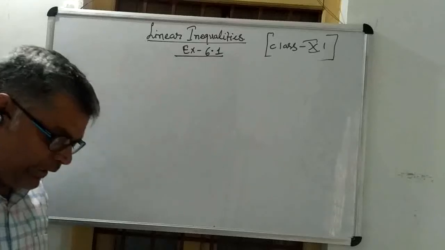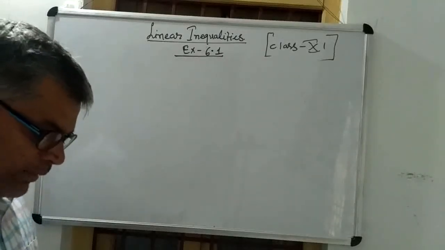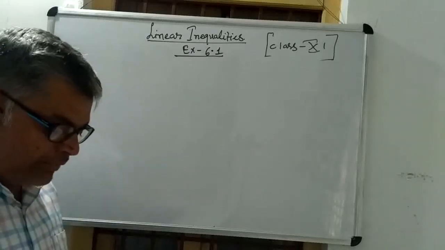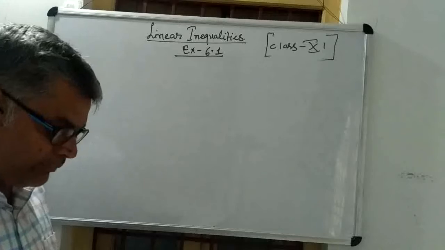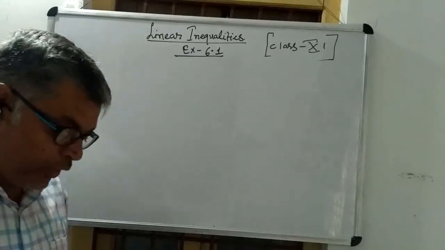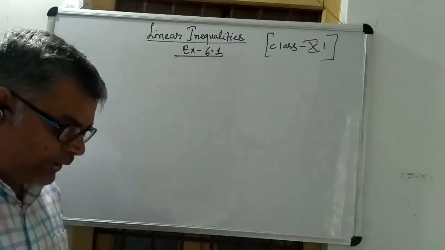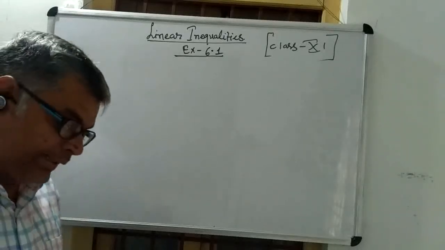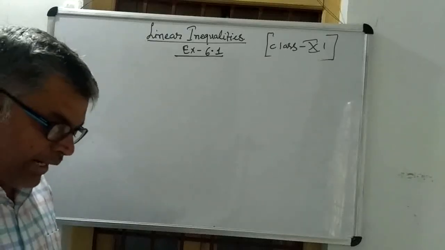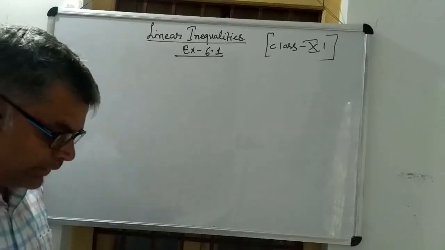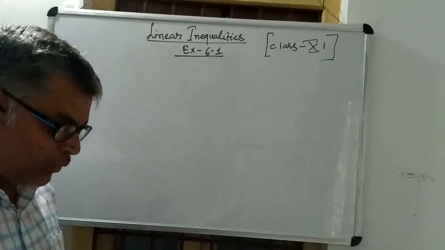To receive grade A in a course, one must obtain an average of 90 marks or more in 5 examinations, each of 100 marks. If Sunita's marks in the first 4 examinations are 87, 92, 94 and 95, find the minimum marks that Sunita must obtain in the 5th examination to get grade A in the course.